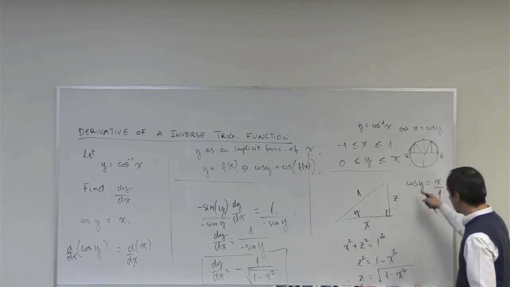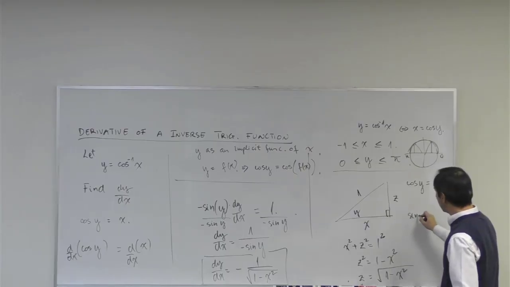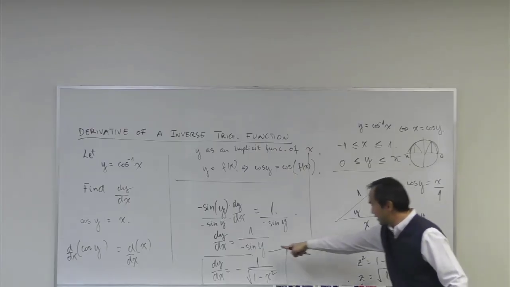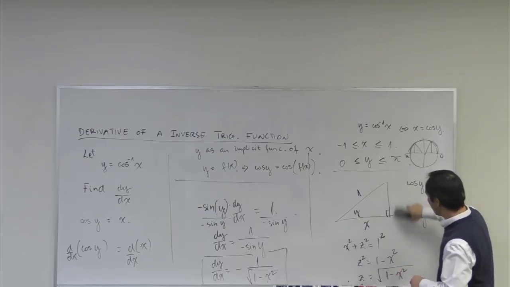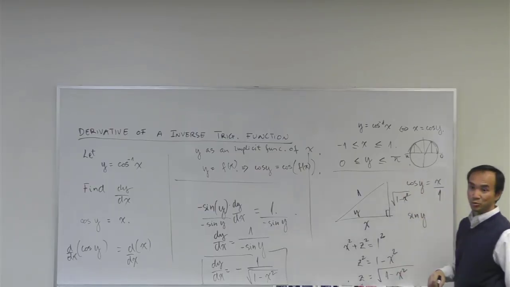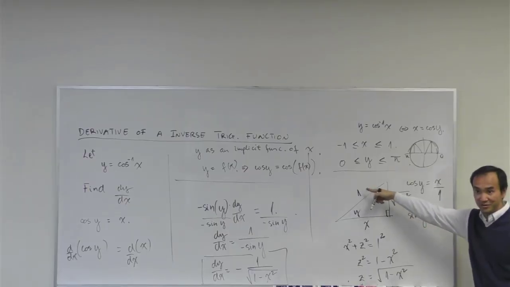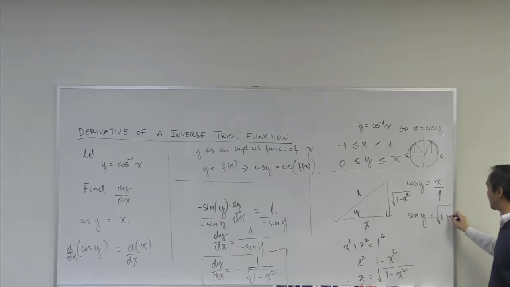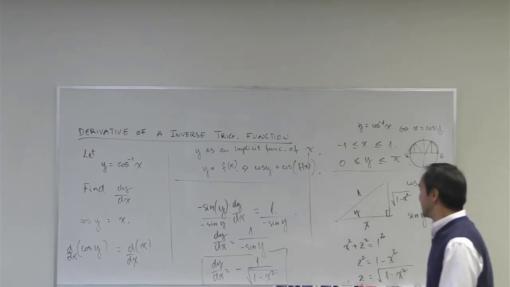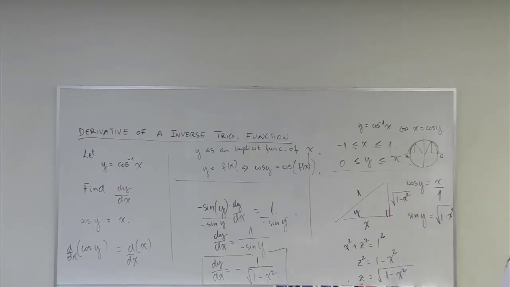And so sine of y, this quantity right here that we're looking for, is the square root of 1 minus x squared. And sine of y has to equal what? Opposite over hypotenuse, right? That's why it's square root of 1 minus x squared right there. That's another way of arguing it. So you got your different routes of understanding it.